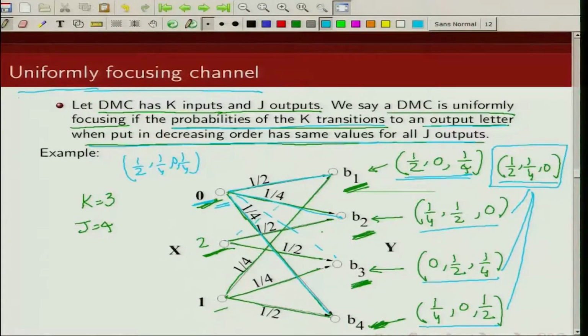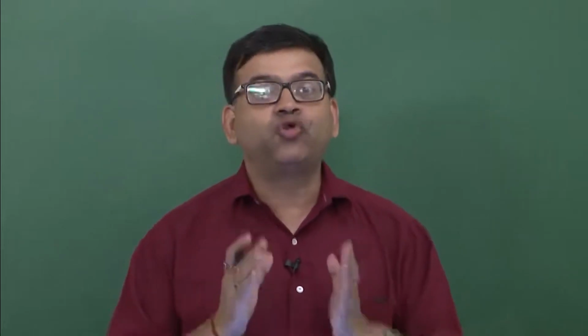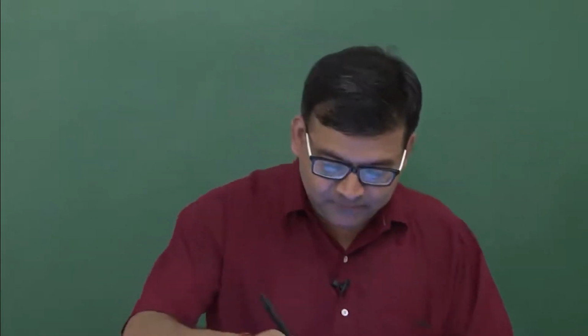For this one they are 0, 0, half, and 0. Clearly, if I arrange these probabilities in descending order, they are not the same. So this is an example of a uniformly focusing channel, but it is not a uniformly dispersive channel. I hope the difference between a uniformly focusing channel and a uniformly dispersive channel is clear.